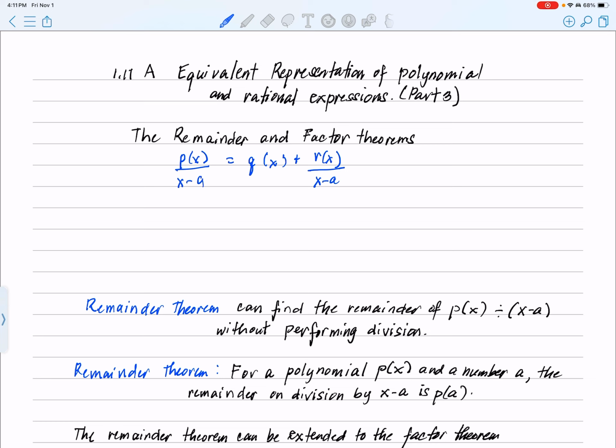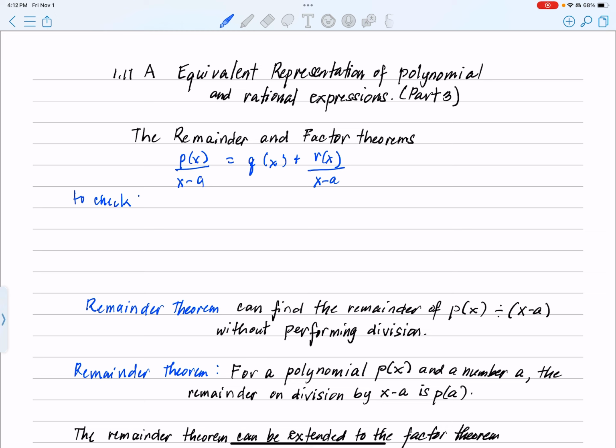So to check the answer, if we found the quotient and the remainder, we multiply the quotient by the divisor and add the remainder. So that is to check. We want to check the answer.